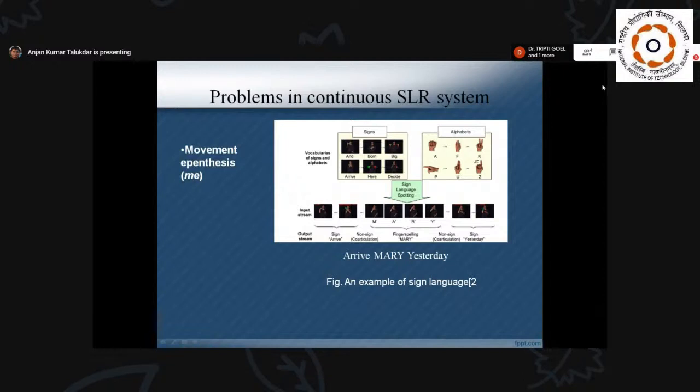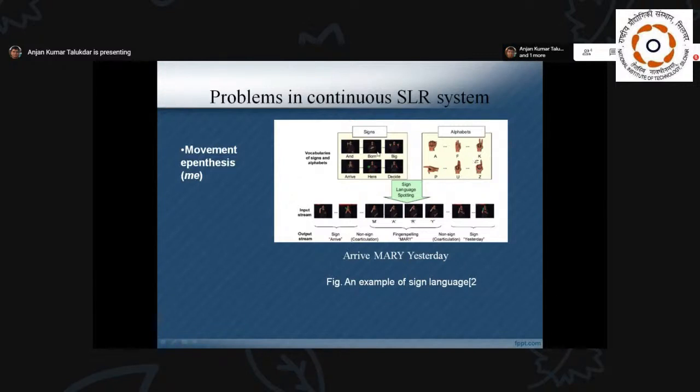Actually, a sign language consists of two parts: finger spelling and signs. So what is finger spelling? Finger spellings are basically static signs. As you can see here, for alphabets we use static signs or finger spellings like A, F, K. Except J and Z, all the alphabets are static.